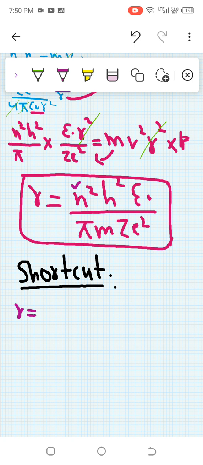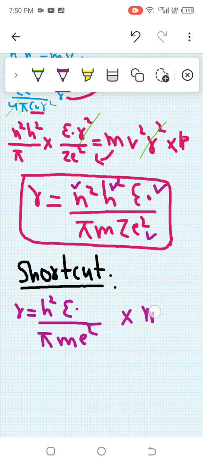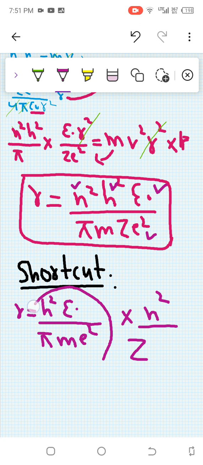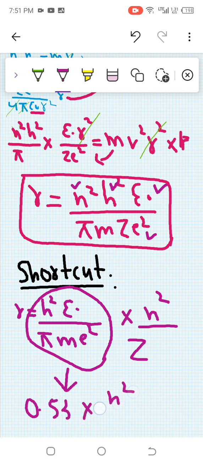Planck's constant h, epsilon, pi, the mass of the electron and e square are constant. The remaining non-constant part is n square upon Z. The whole value of the constant, when you put in the values of Planck's constant, epsilon, pi, mass of electron and electron charge, is 0.53. So r is 0.53 into n square over Z angstrom.